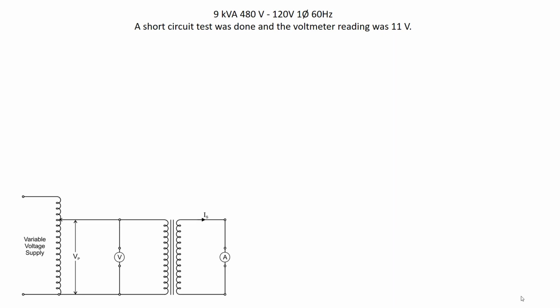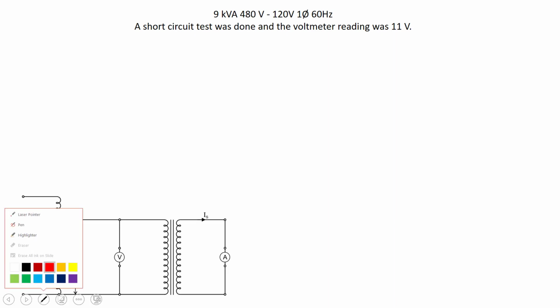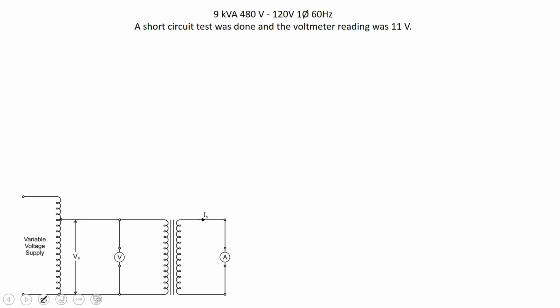A short circuit test was done and the voltmeter reading was 11 volts. If you recall, on the short circuit test, we put an ammeter in the secondary, right here, and we create a short circuit between X1 and X2.